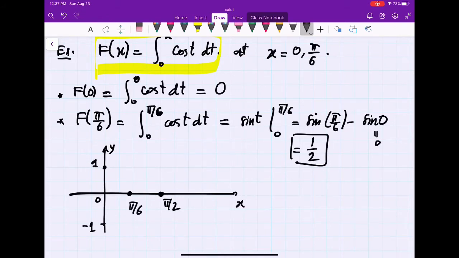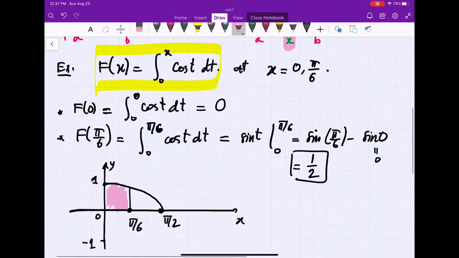So the graph of cosine looks like this on 0 to pi over 2, and this is pi over 6. So the integral is nothing but the area of this region. You see? That's why sometimes such functions are called area functions, okay?